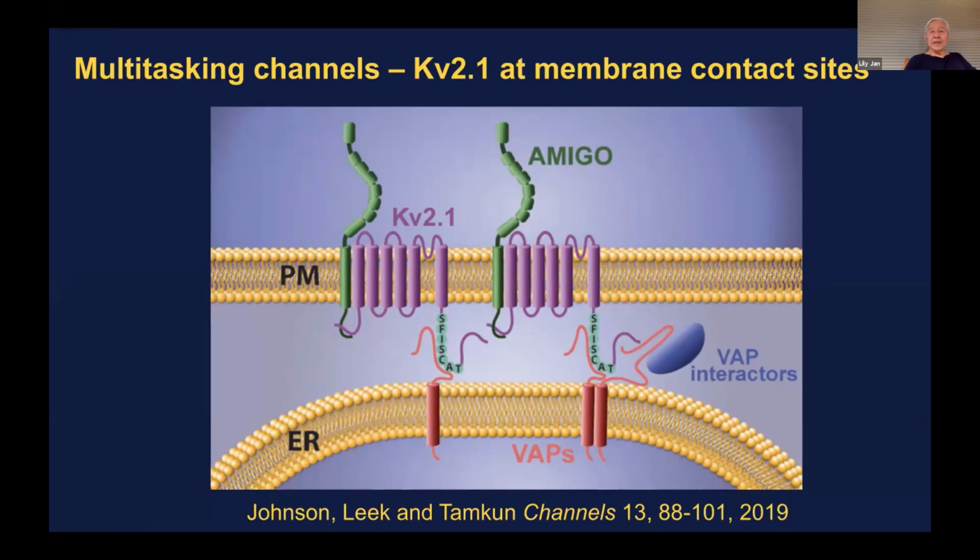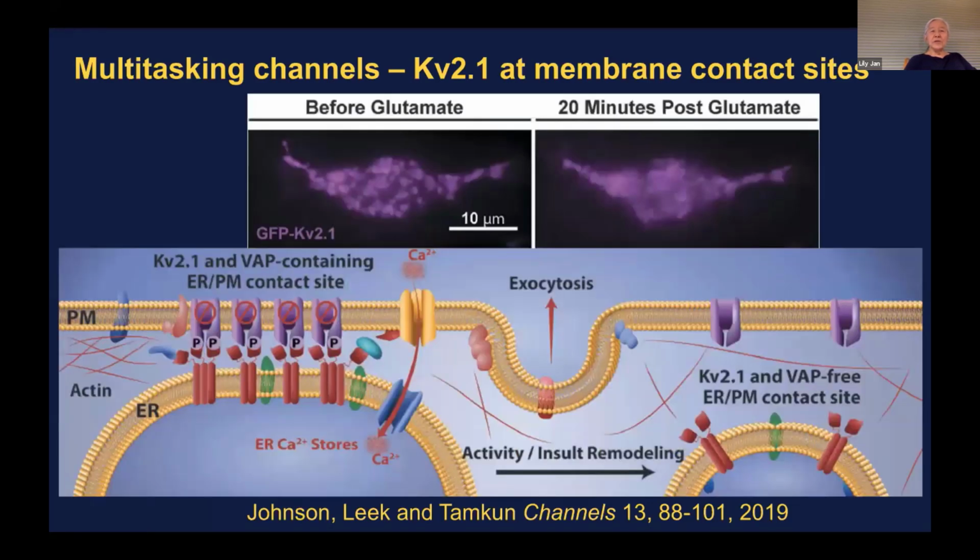And there are multiple levels of modulation. For one thing, the channels at this position are clustered together. They may actually not pass ions, but their voltage sensors may still move in response to membrane potential change, and that's based on gating current measurements.